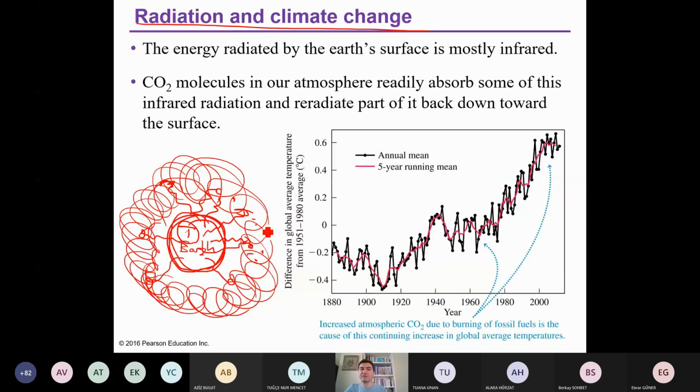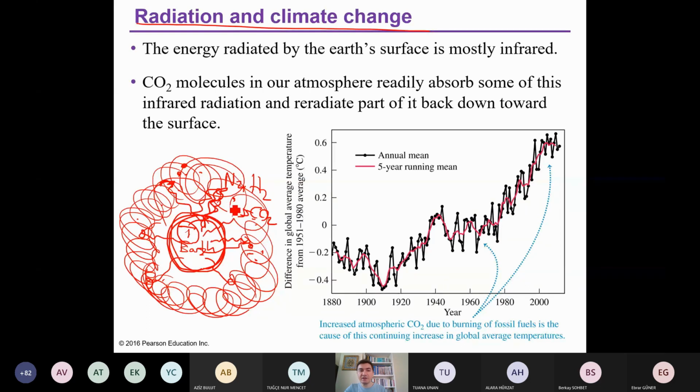What kind of particles? We have nitrogen, we have hydrogen, we have carbon dioxide, and also dust particles. Many particles and molecules within the atmosphere. This radiation will be reflected by these particles.